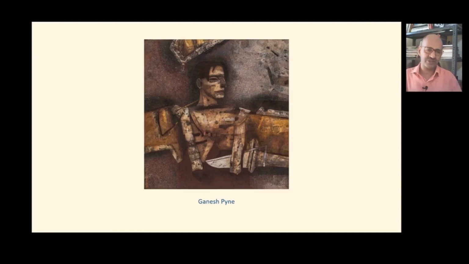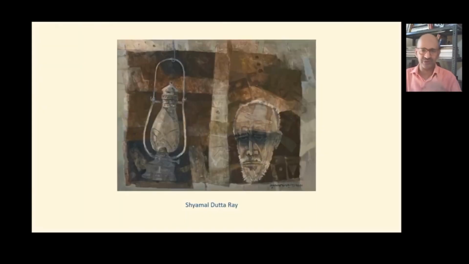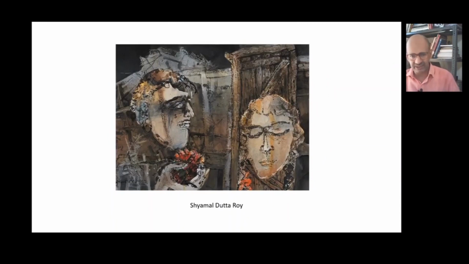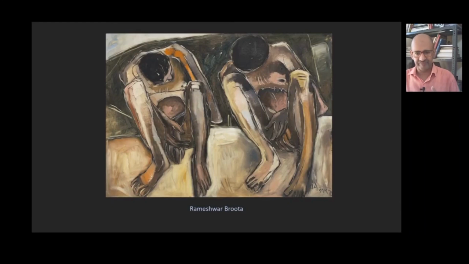And this is also true when you look at these figures, whether it is Ganesh Pine or Shyamal Datta Ray, there is something very common among them, not in style. Shyamal Datta Ray's style is evidently and clearly different from Ganesh Pine or from K.G. Subramanian, but the connecting thread, not even the theme, there is some concern or a couple of concerns which are shared knowingly or unknowingly by these artists, or for that matter, Rameshwar Broota.